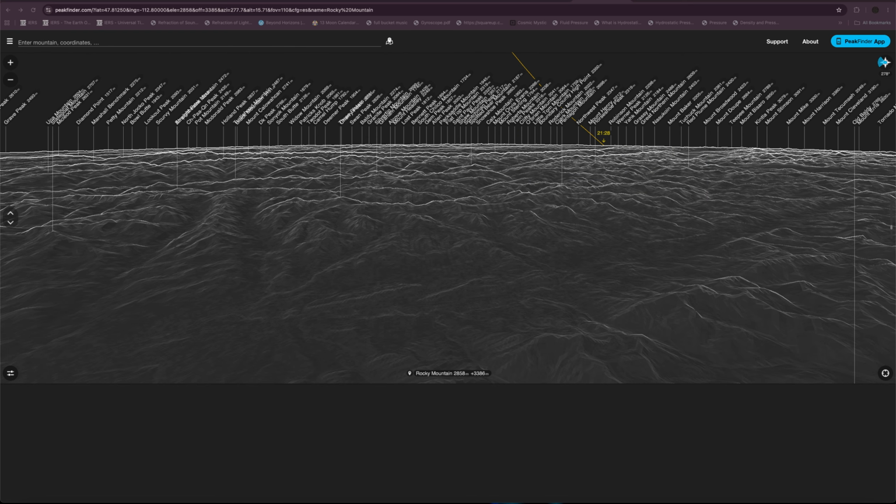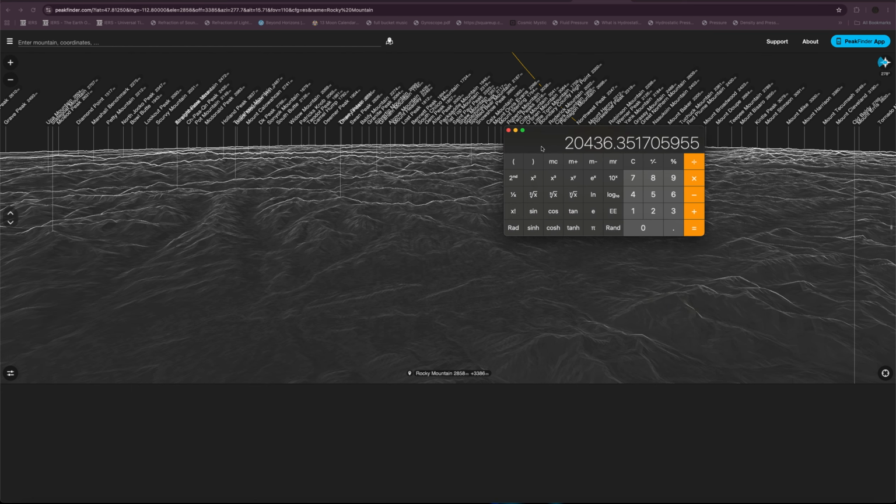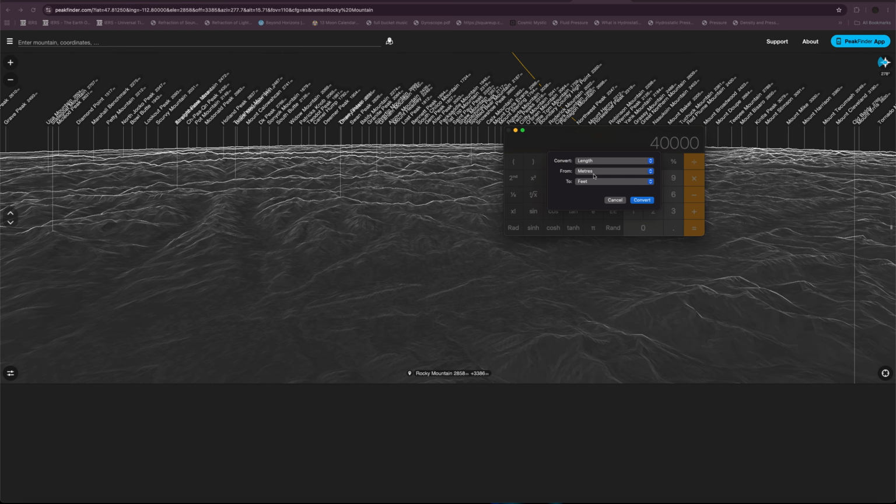So let's say we go to 38,000 feet, or let's go all the way to 40,000 feet, and we'll convert that length into meters. So feet to meters, convert: 12,192 meters.